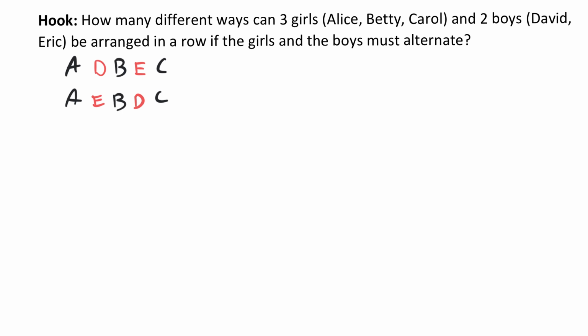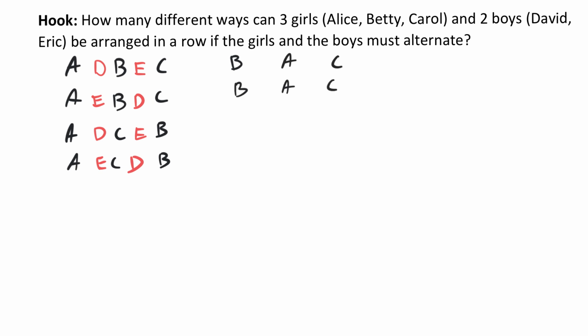All right, assuming you gave it a try, you should come up with A, C, B. We have D, E, and then A, C, B, and then we switch the E and the D. This looks like all the ones that start with A. But of course, we could start with B. So we could have B, A, C, and then we'll make space here for the 2 different options where it's either D, E or E, D. Then we could start with B but have C next.